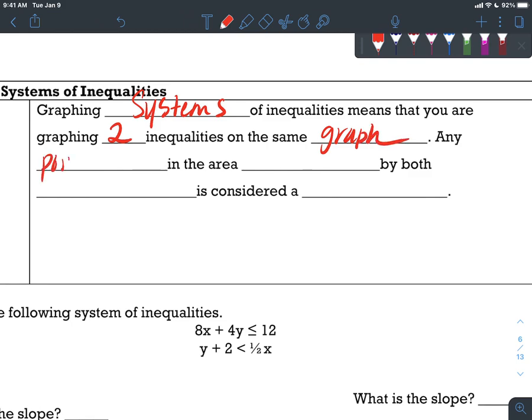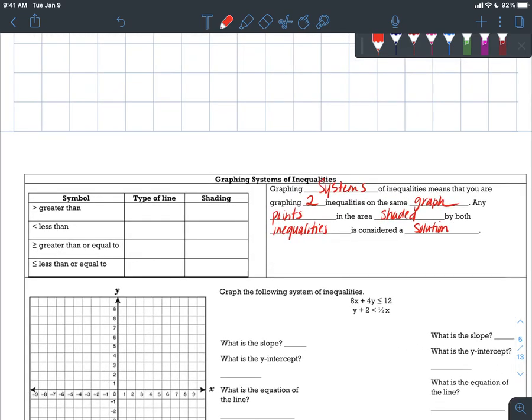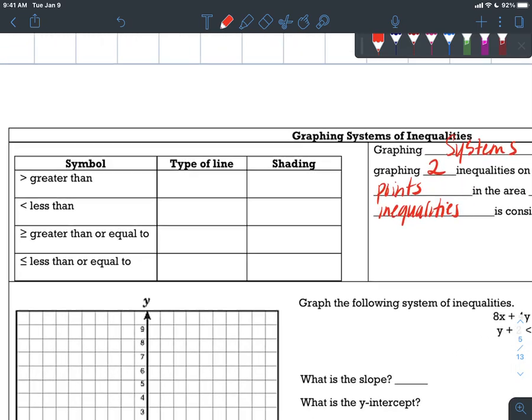Any points in the area shaded by both inequalities is considered a solution. Okay.